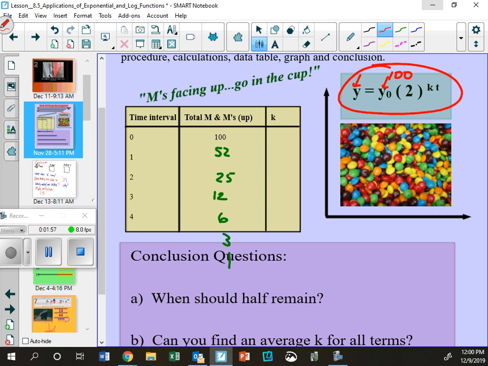Okay, then K, I don't know what it is, so I leave it blank. How about T? Do you know what T is? Well, yeah, if you do T as one trial, then you just go from here to here. And if T is 1, I'd put the 52 here. Cool.